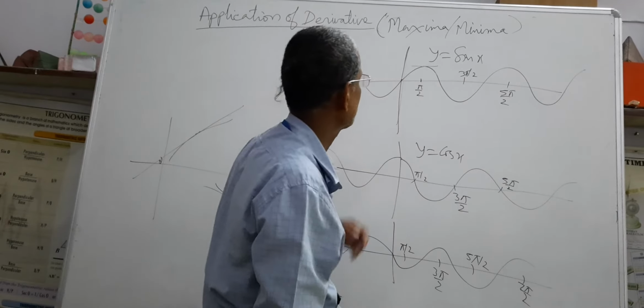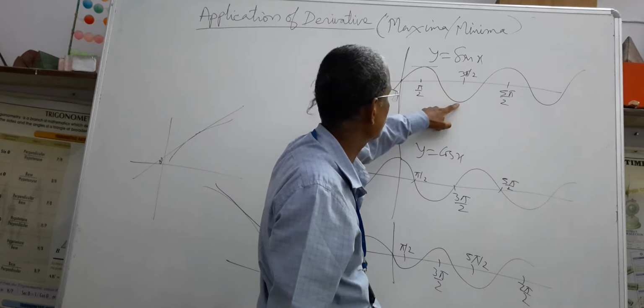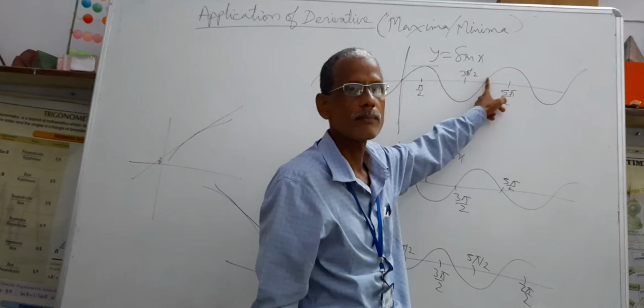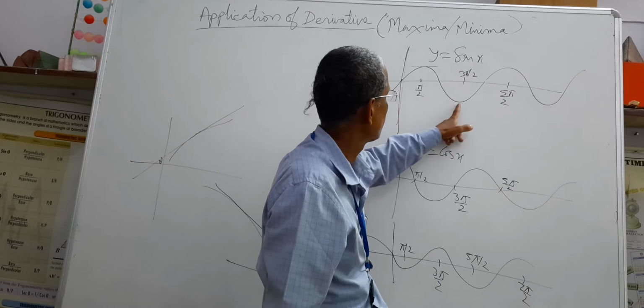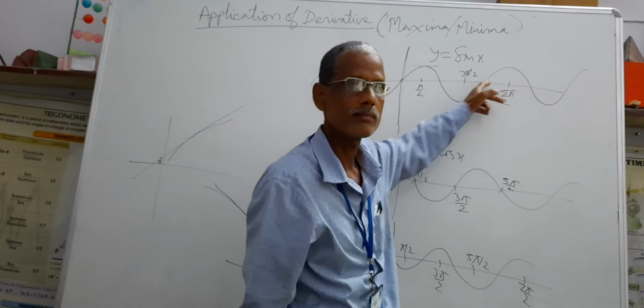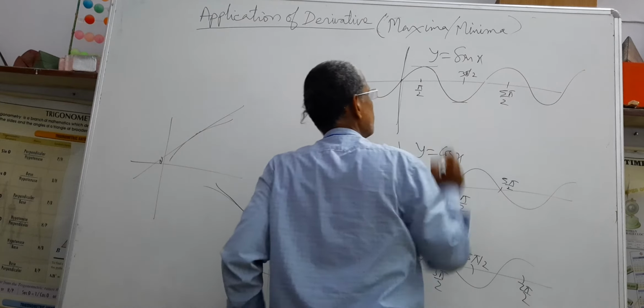But if function decreases continuously, but after some time it stops and then continues increasing, then this point is called minima.